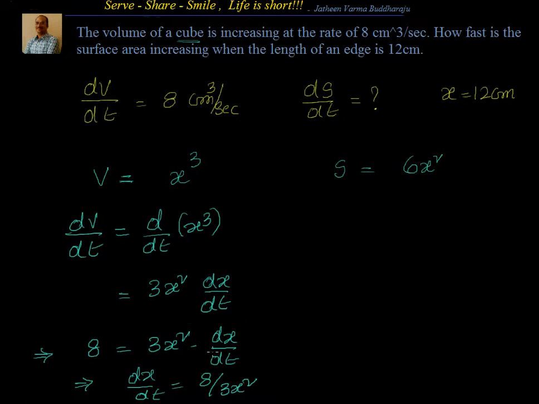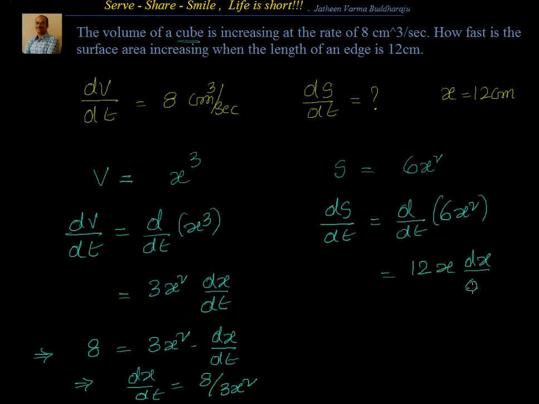Now why are we doing that? Because when I try to find dS by dt, that is d by dt of 6x square, which is equal to 12x dx by dt, we need the value of dx by dt. That is why we leveraged the given condition that dV by dt equals 8 cm cube per second and found the value of dx by dt, so that we can substitute here.